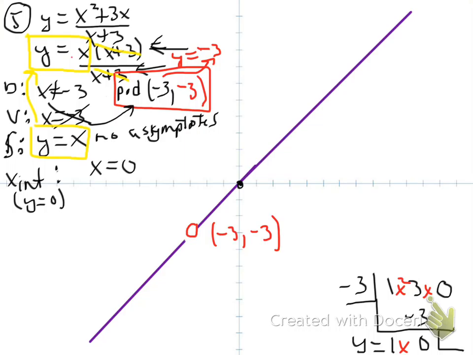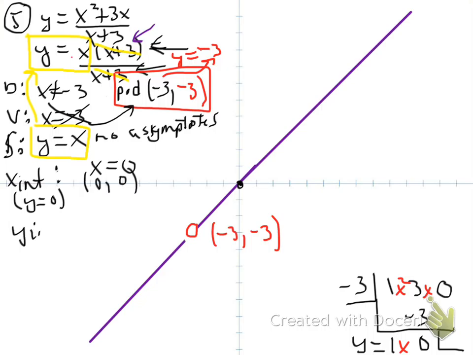Why am I not putting this guy in? Well, he canceled out. He's not part of the graph. So I don't have to put x plus 3 equal to 0 and get x equals negative 3, because we already know you can't have negative 3 for x. So it's not part of the graph. So we just have to look at that. The x equals 0, which means it's (0, 0).